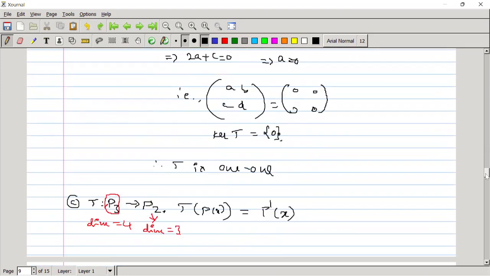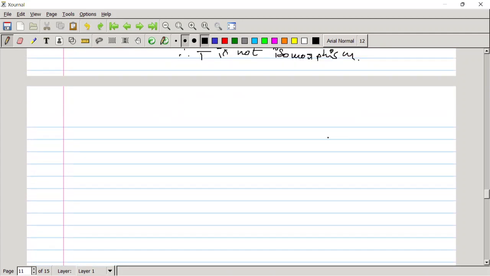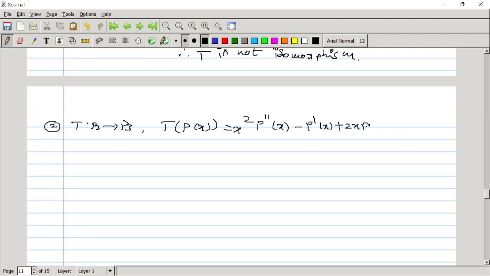For that, firstly let me write the matrix A corresponding to this linear transformation. So the given linear transformation is T from P2 to P3 by T of P of x as x square times P double dash x minus P dash of x plus 2x P of x.